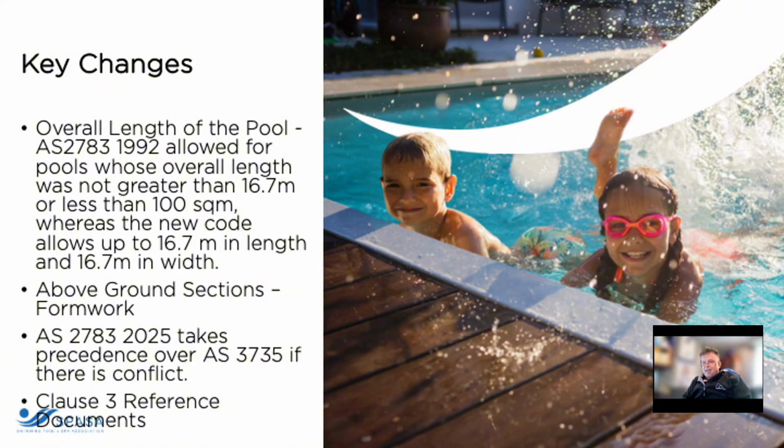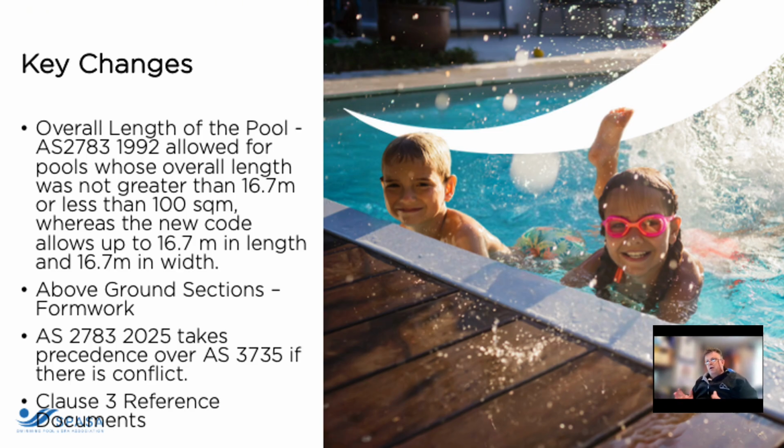The new code does take precedence over AS3735 if there is a conflict for the pools that fall into the application of the new code. So in other words, if the pool is 16.7 metres in length or in width, then AS2783 will apply.